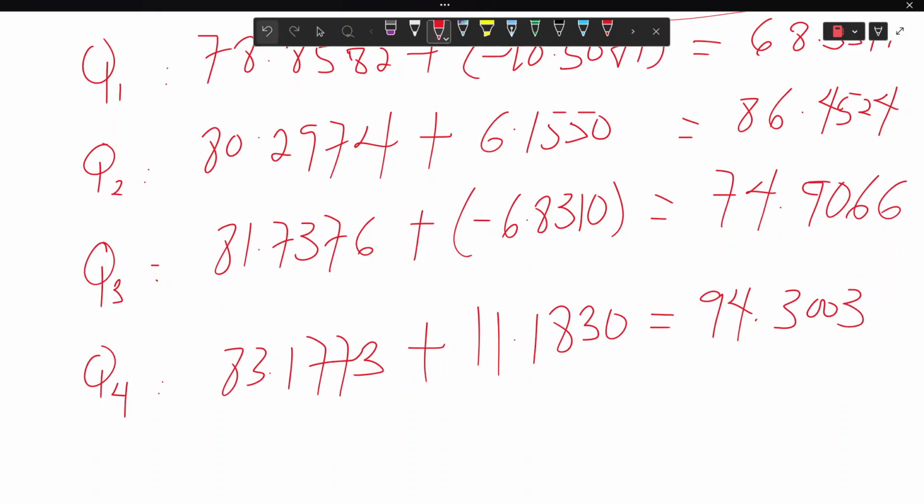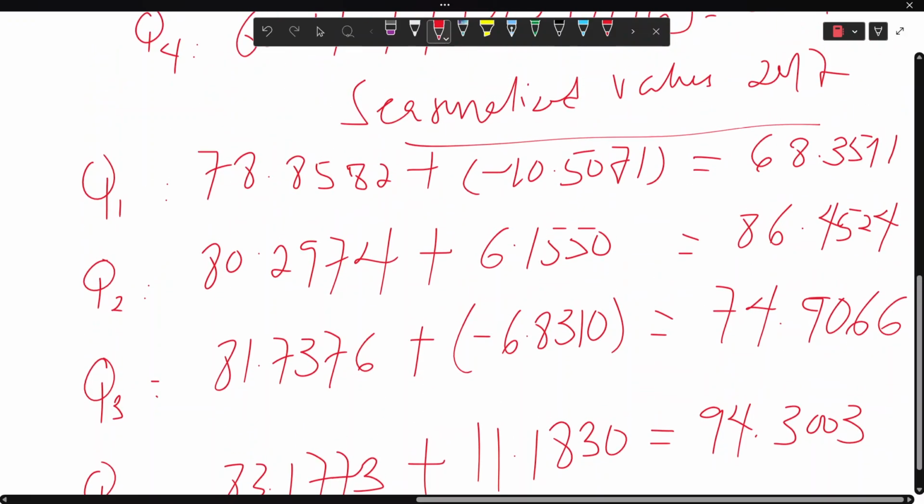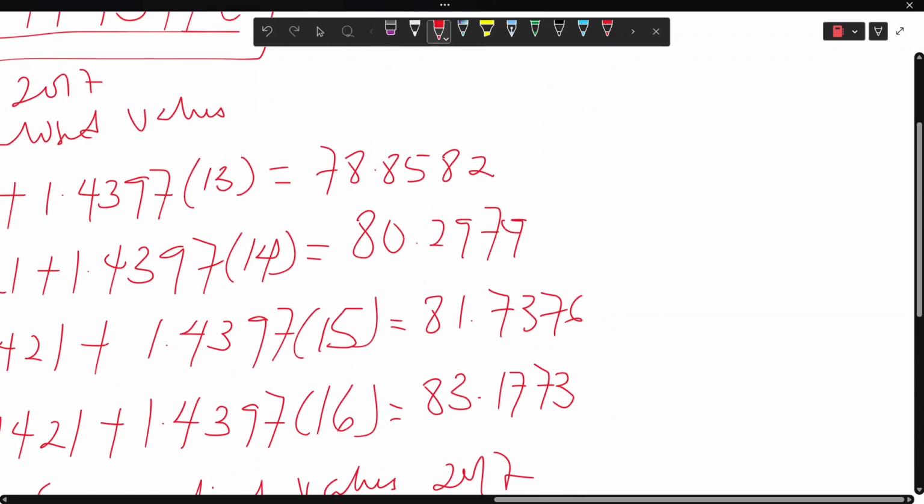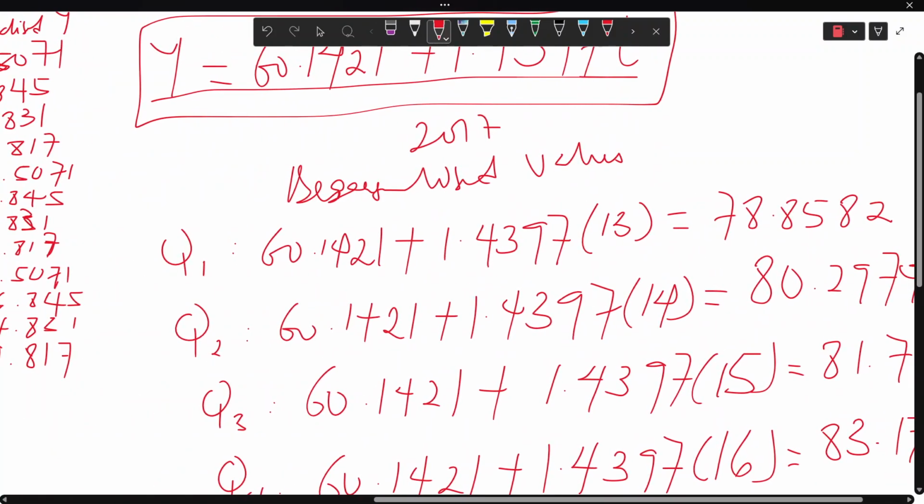So these are the seasonalized values for 2017.